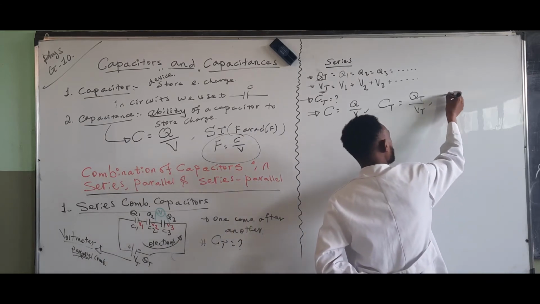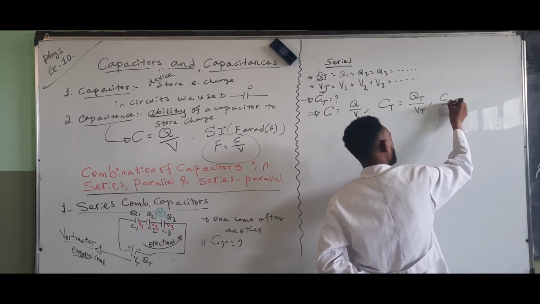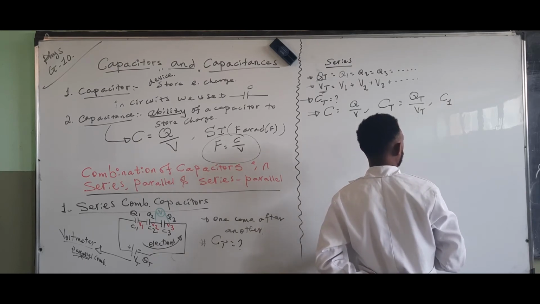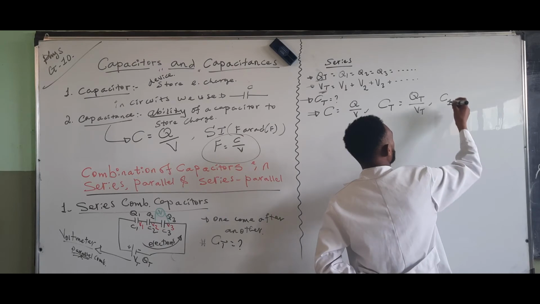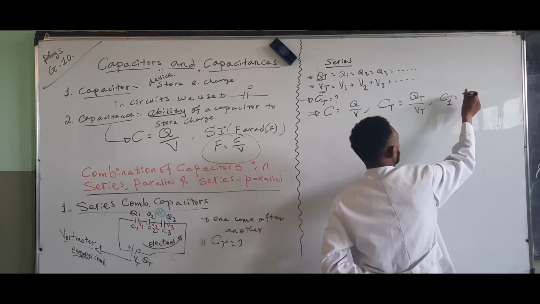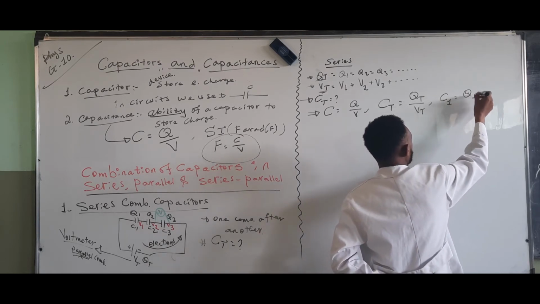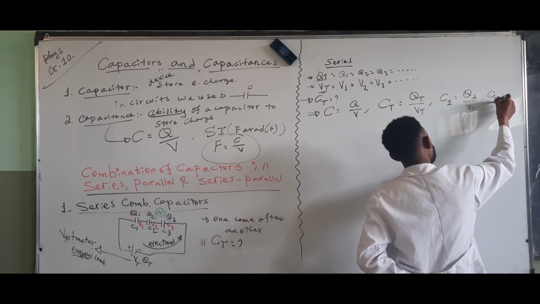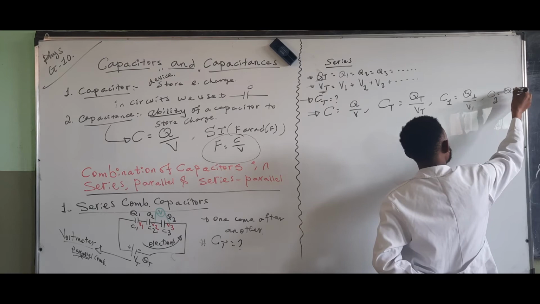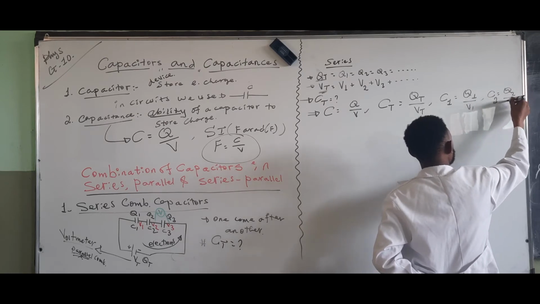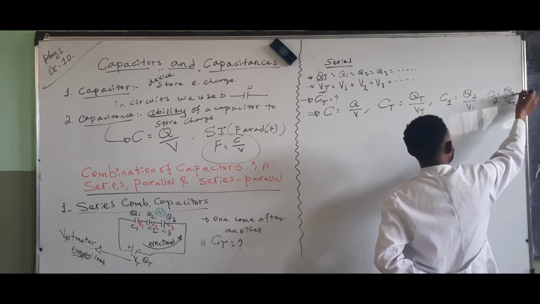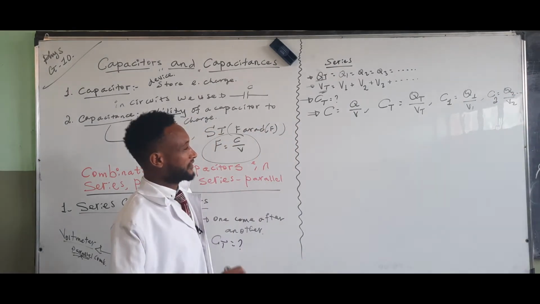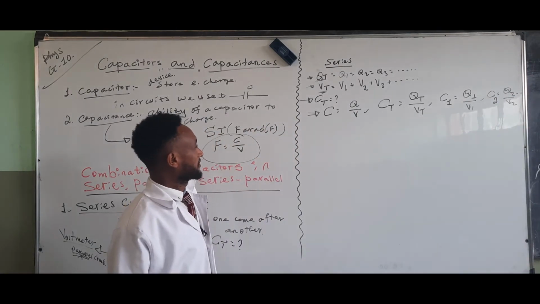Also, capacitance 1 is equal to charge 1 over voltage 1. Capacitance 2 is the charge in capacitor 2 over voltage 2. And capacitance 3 is the charge 3 over voltage 3.